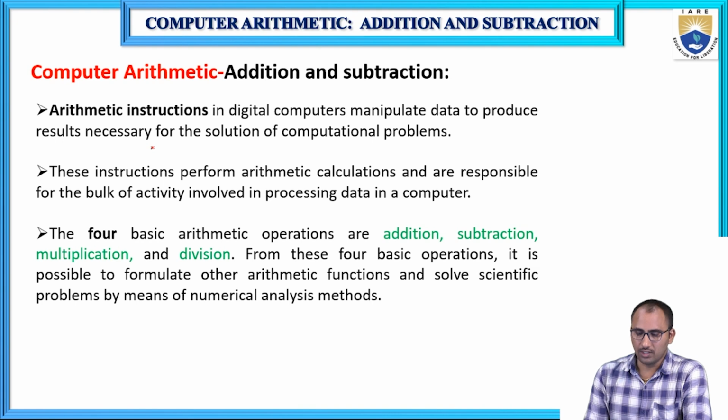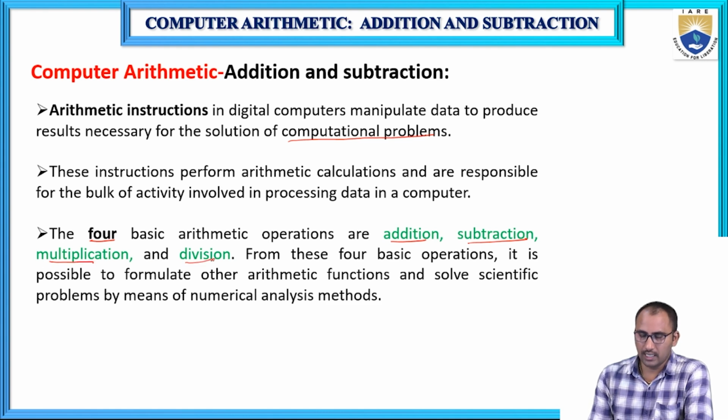Arithmetic instructions in digital computers manipulate data to produce results necessary for the solution of computational problems. These instructions perform arithmetic calculations and are responsible for the bulk of activity involved in processing data in a computer. Here we are discussing four types of basic arithmetic operations: addition, subtraction, multiplication, and division.